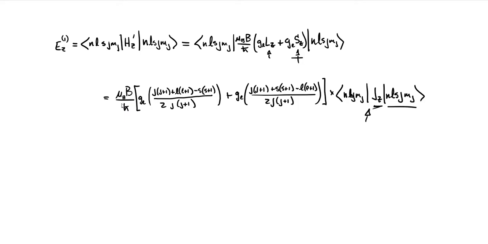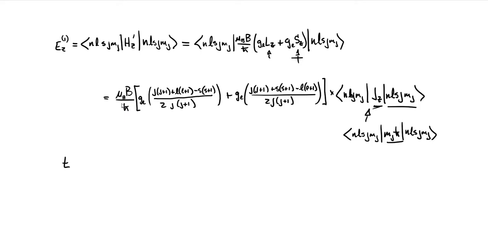It's just going to be NLSJMJ times MJH bar NLSJMJ, right? Which is just a scalar, it can come out, and those are normal, so this is just MJH bar.